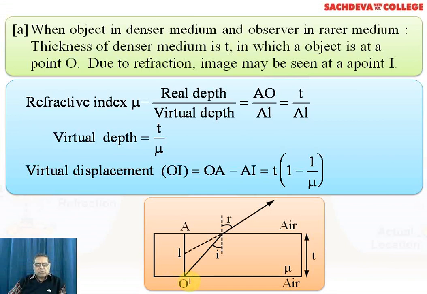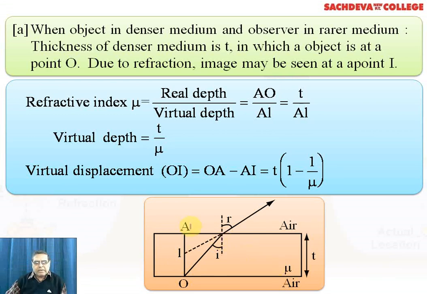That is, the light is going from denser to rarer medium. Mu is the refractive index. So we can say that the refractive index mu is equal to the real depth, that is AO, divided by the virtual depth, that is AI.